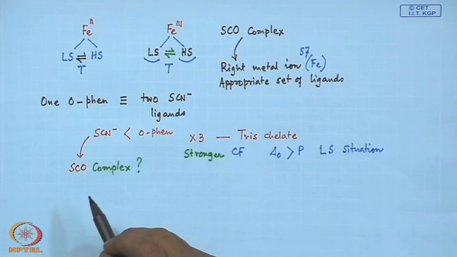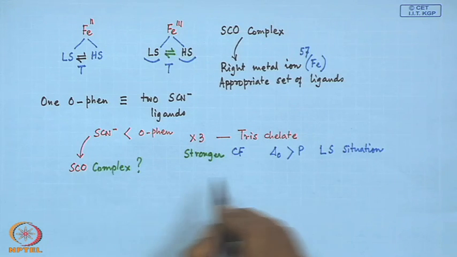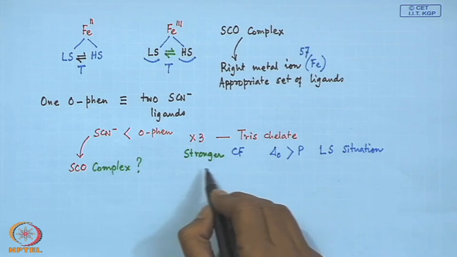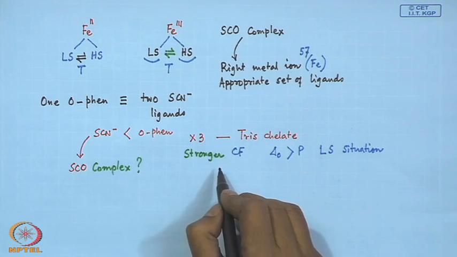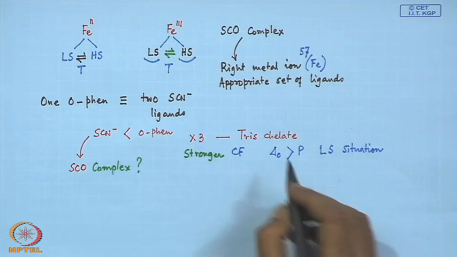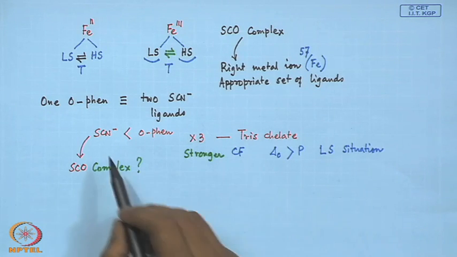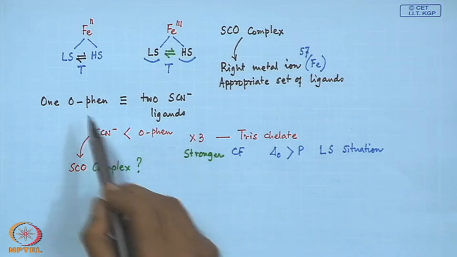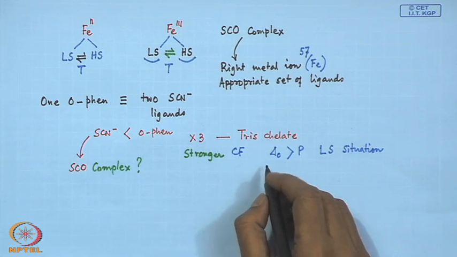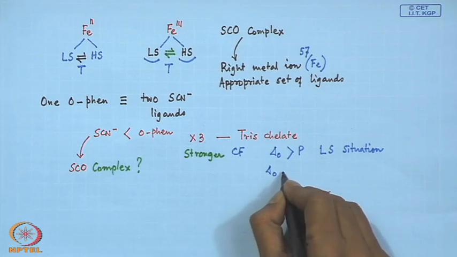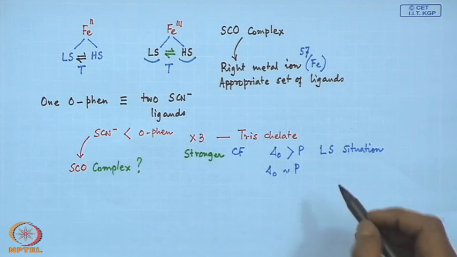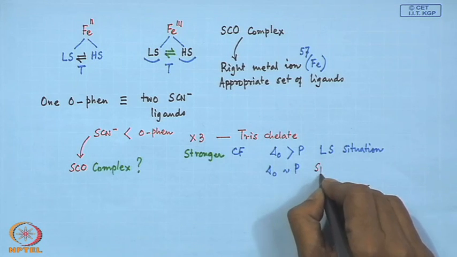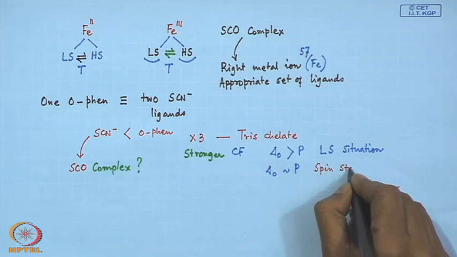But when we go for the thiocyanate compound, we are compromising, that means we are trying to reduce the crystal field strength, and as we reduce it, our expectation is that with substitution of 2 thiocyanates for 1 phenanthroline, our delta octahedral would be comparable to P. That is the expected situation where we can have the spin state equilibrium.